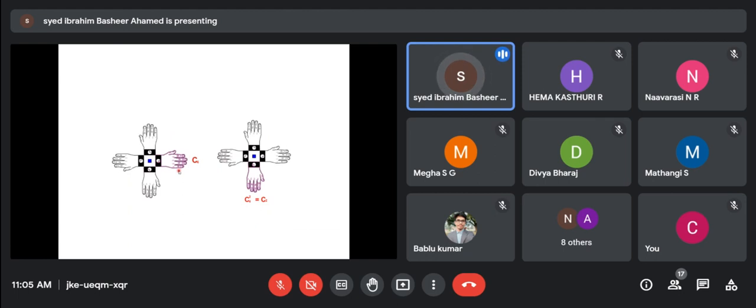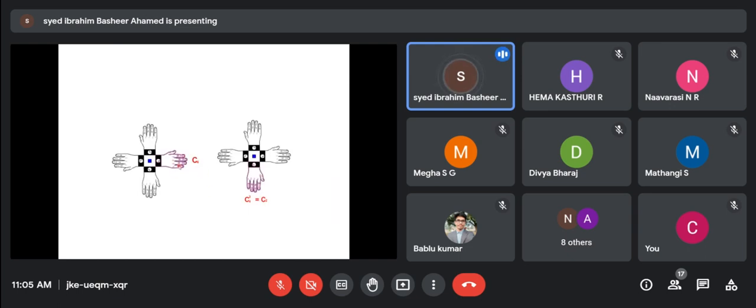Here you can see it's a square. This square indicates 4-fold symmetry. I have to rotate 90 degrees. Rotate 90 degrees, you will get this one, so you can call it C4-1. Rotate another 90, C4-2. Rotate another 90, C4-3. Rotate another 90, C4-4 or C4, which is identical.